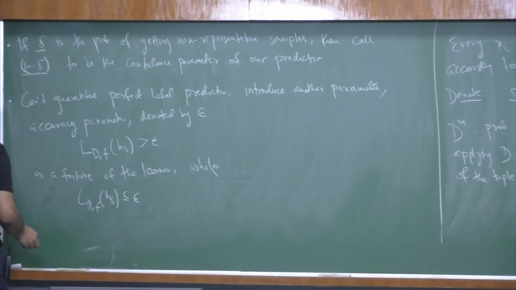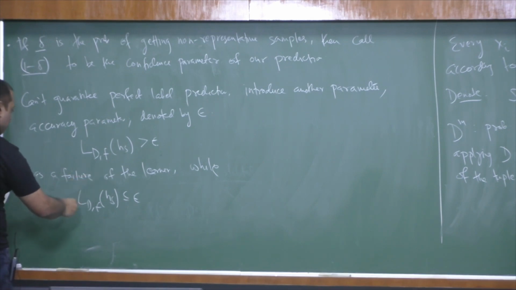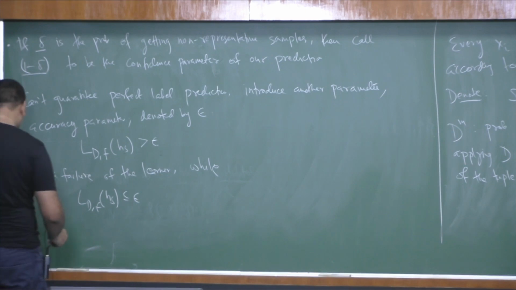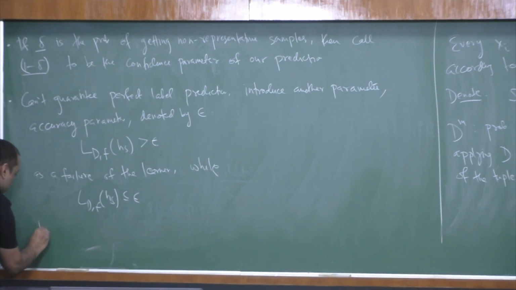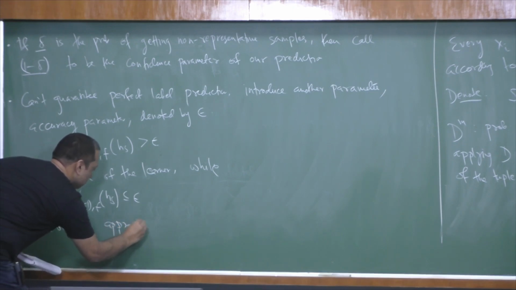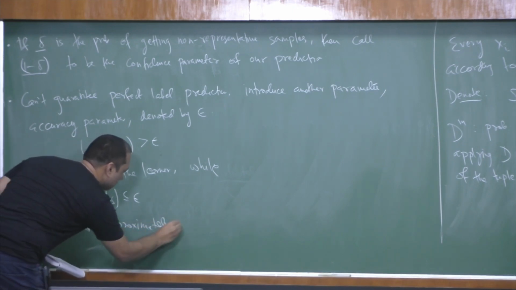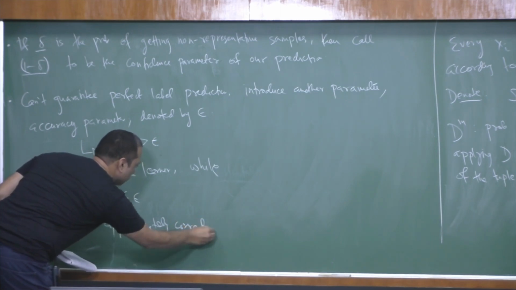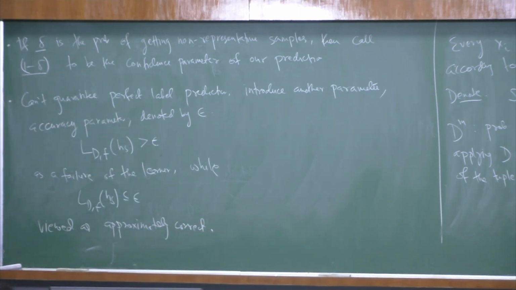So this is a threshold epsilon, which usually depends on you.